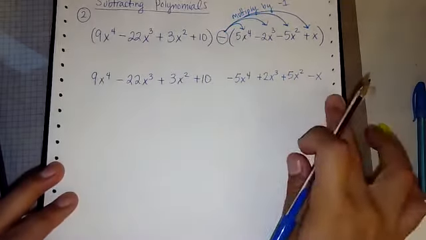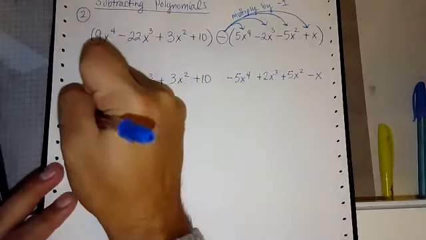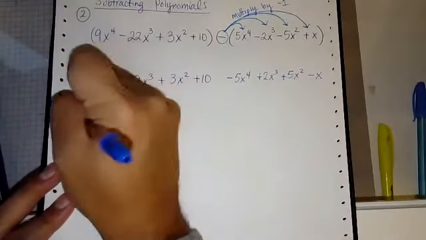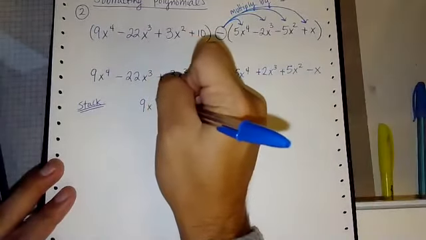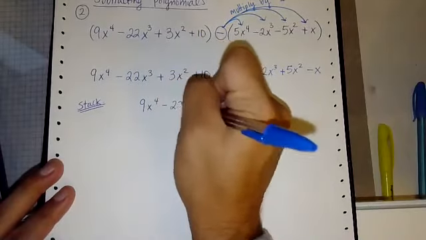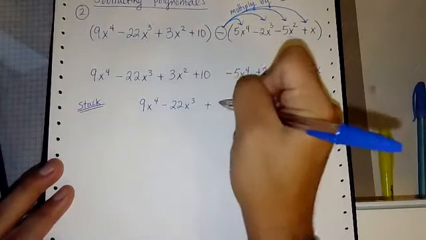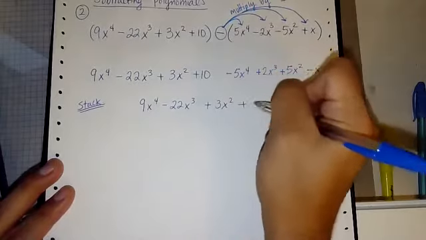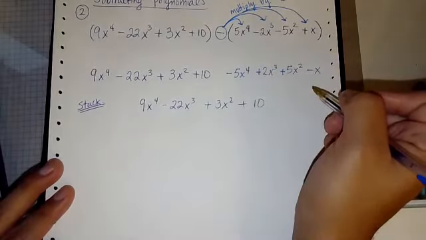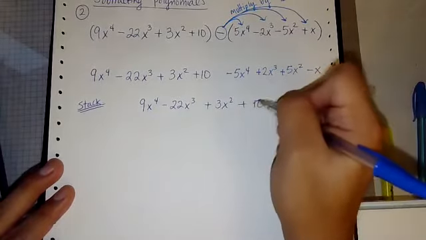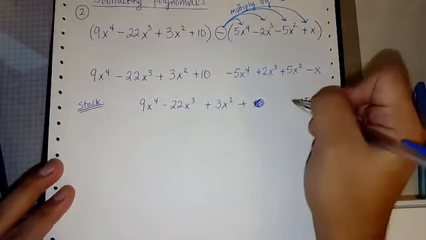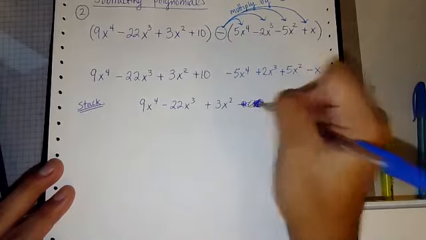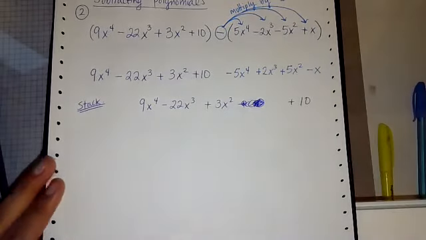Okay, there's a lot going on here, so I think that stacking and combining like terms is going to be a really useful strategy. So I'm just going to rewrite this as 9x to the fourth minus 22x to the third plus 3x squared plus 10. And really, a lot of times what I like to do is put the 10 all the way at the end. And you'll see why in a second.